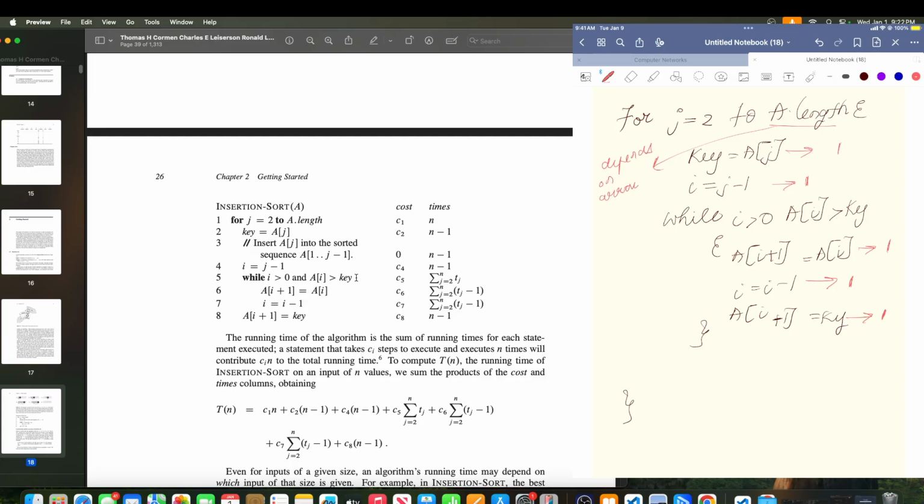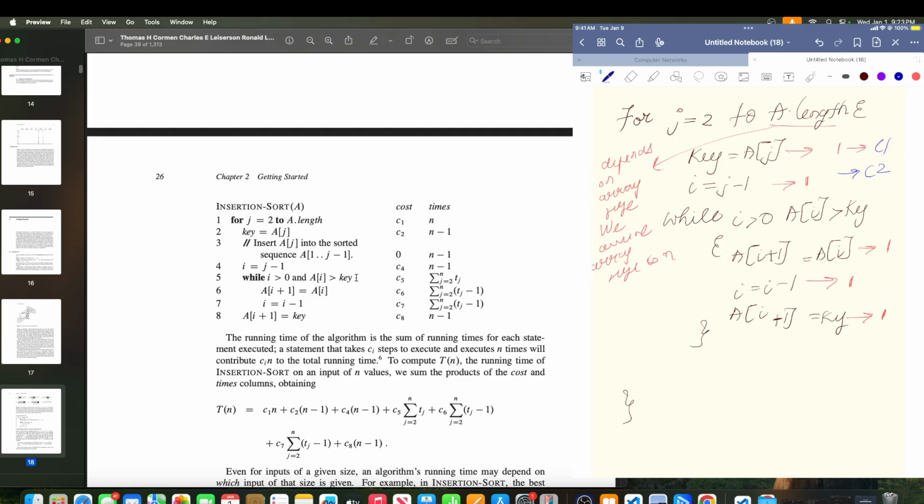So we resume. Array size is n. Okay, let's have something like c1, c2, c3 and so on.